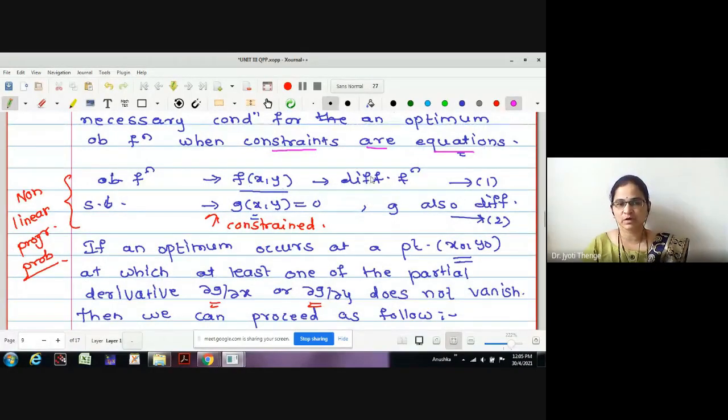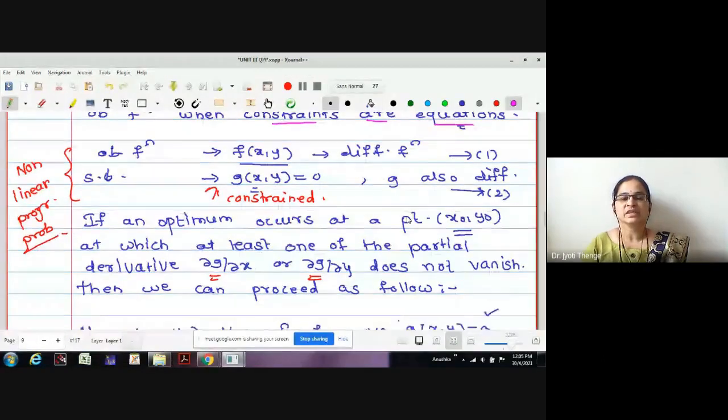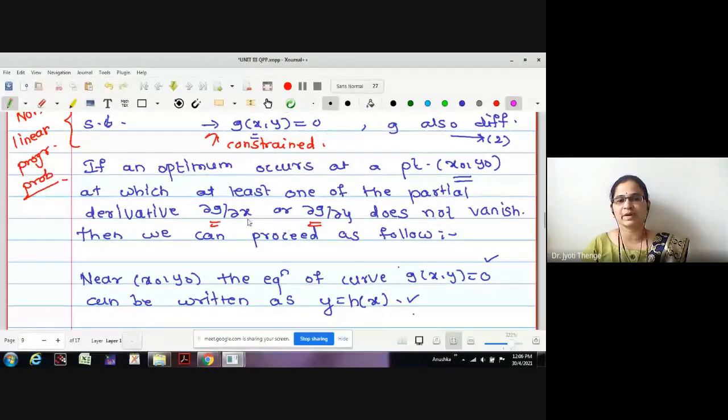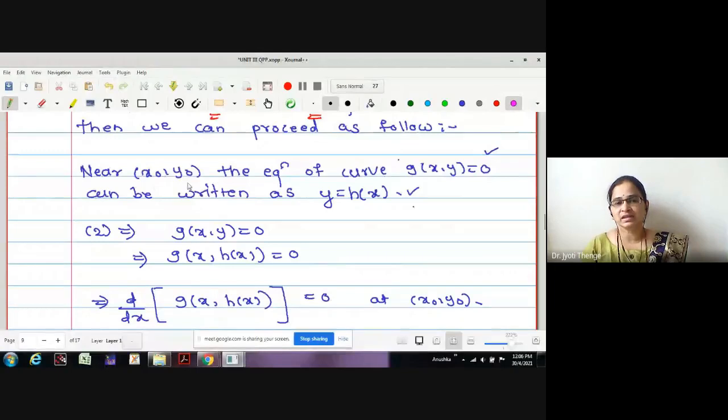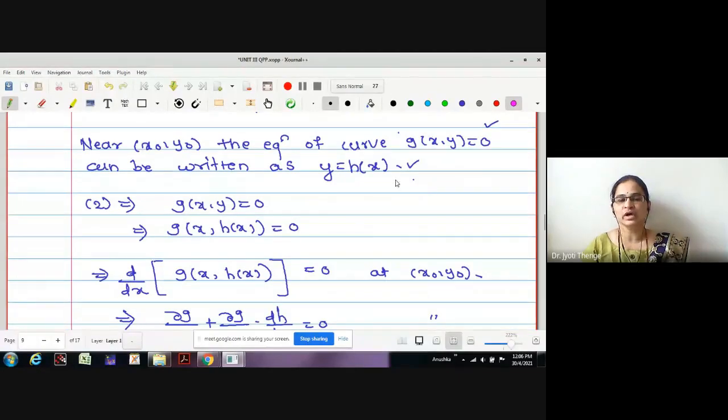Rather, it is a differentiable function subject to an equality constraint in two variables, where the constraint function is also differentiable. If we assume the objective function attains the optimum at the given point x naught, y naught, and one of the partial derivatives, dou g by dou x or dou g by dou y, does not vanish, that is, both of them do not vanish simultaneously at this point, then near this point we can write the equation g of x y equals 0 as y equals h of x.